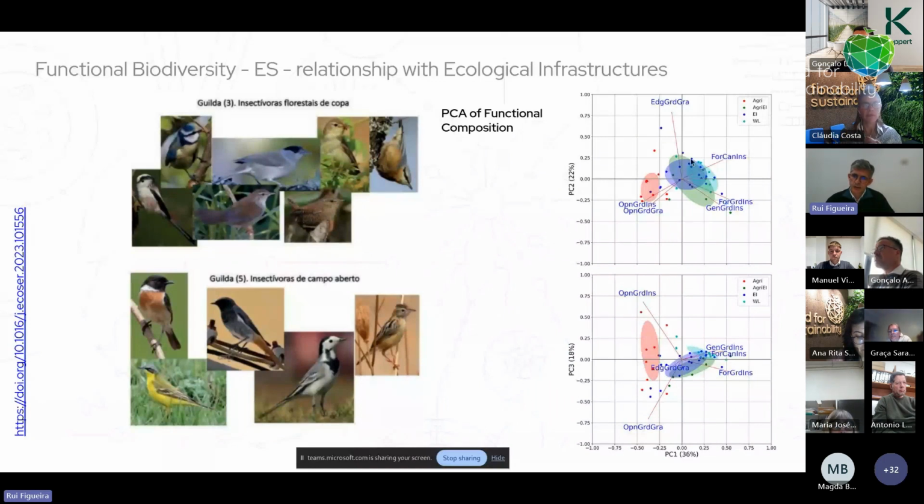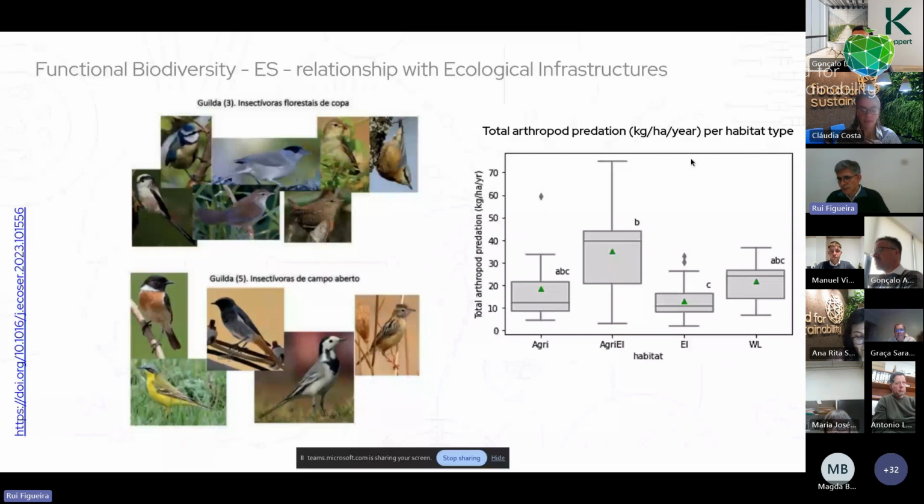So in the end, we could see that in areas near edges, but still in open fields, we could identify a higher consumption of arthropods by the bird communities. And this was different from what we could see in areas where birds essentially live in trees and use the trees or edges, or even higher than when we are in open fields.